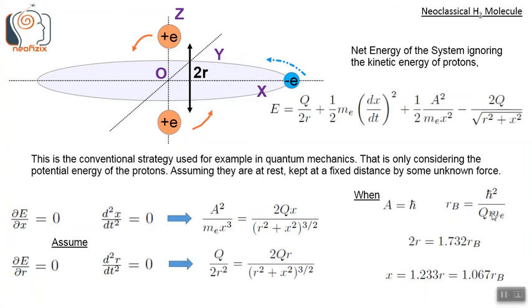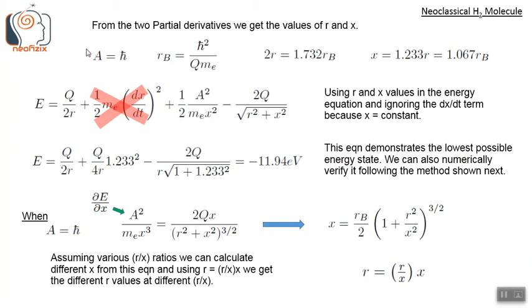So we scale all our distances with respect to rb. We represent 2r, the distance between the two protons, as 1.732 rb, and the radial distance of the electron as 1.067 rb. So we get these x and r values from the partial derivative of E.